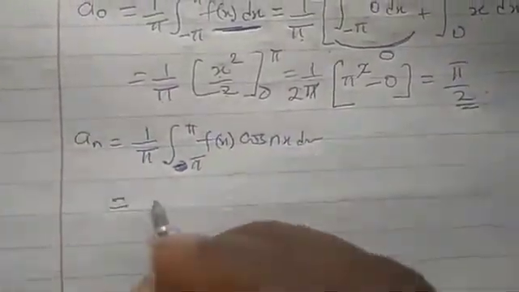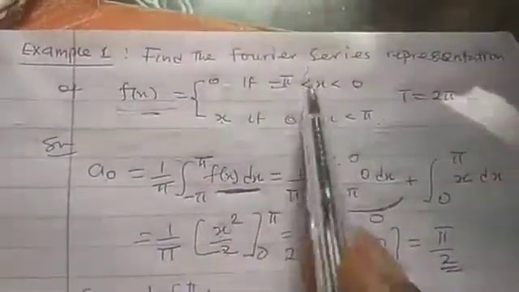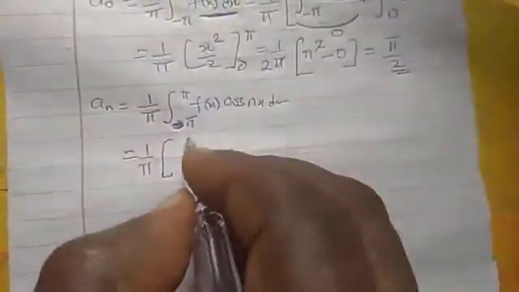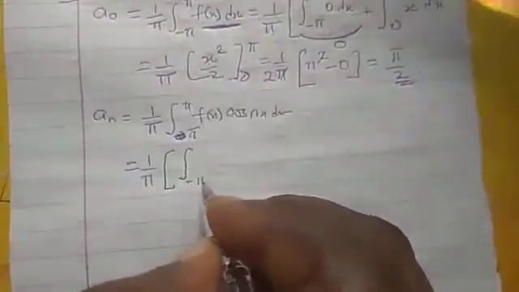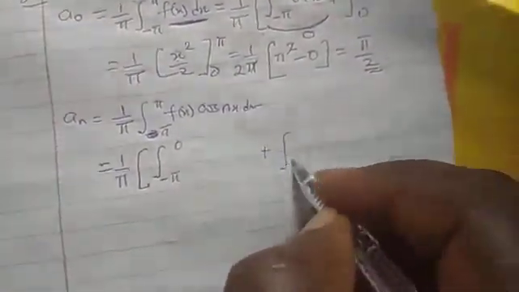Now, we are going to have 1 over pi. The function is of two forms, minus pi to 0 and 0 to pi. Let's write them out like this: minus pi to 0 plus 0 to pi.